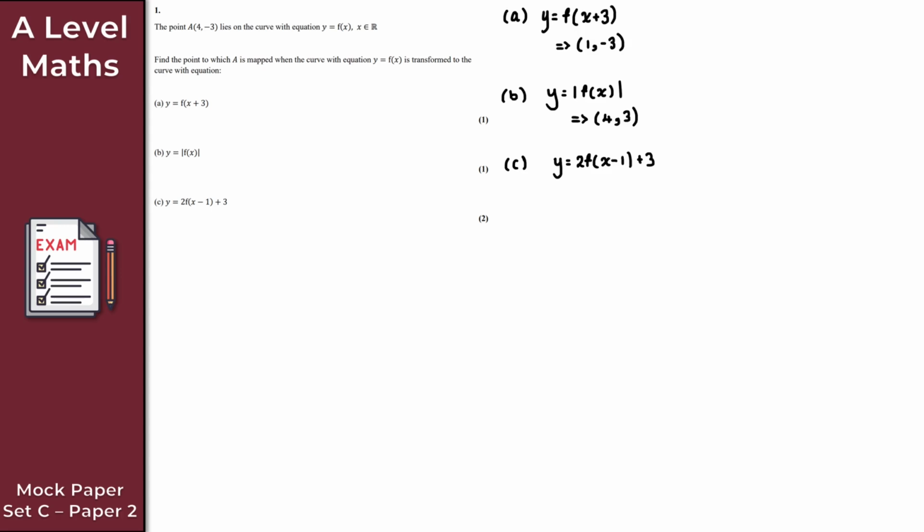I start by applying the horizontal translation, then we apply the stretch, that's the 2 on the outside, and finally we apply the vertical translation.